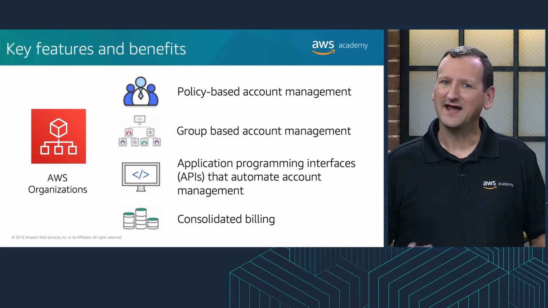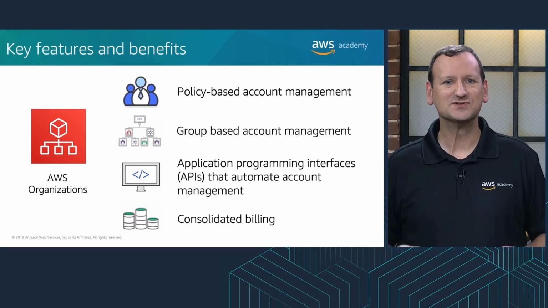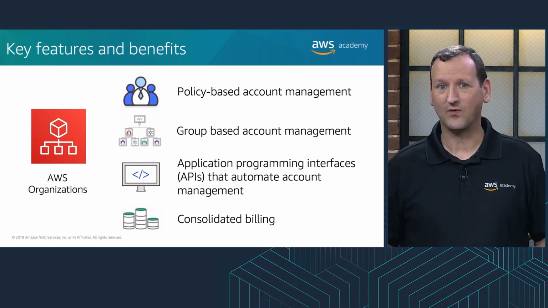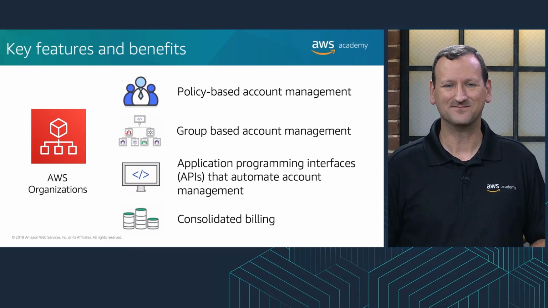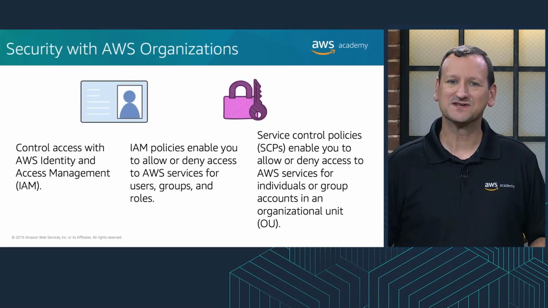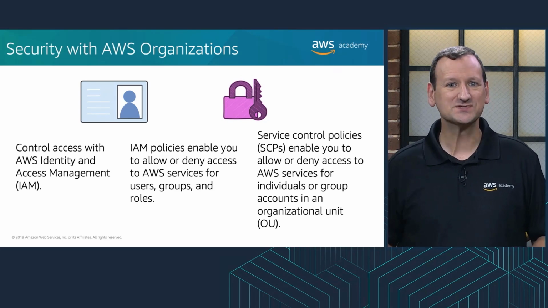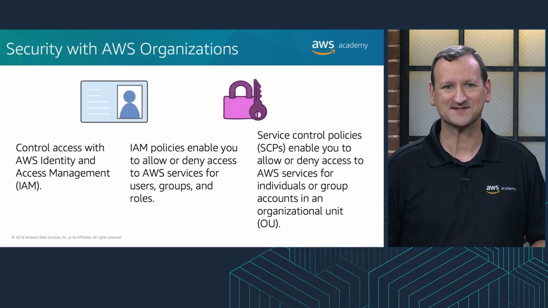In general, AWS Organizations enables you to do more than just consolidate accounts for billing. You can also use it to apply security controls to one or more of the accounts represented. AWS Organizations does not replace associating AWS Identity and Access Management policies with users, groups, and roles within an AWS account.